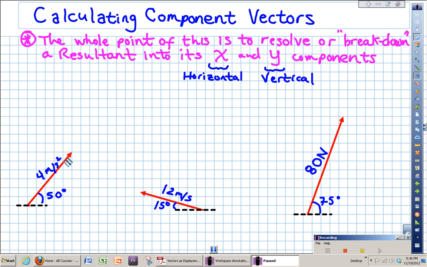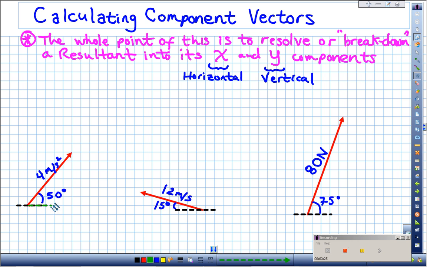We have an acceleration vector, a velocity vector, and a force vector, all of different magnitudes and in different directions. The very first thing, before you start calculating anything, I suggest, is to take each resultant and just visually break it down into its component vectors, like so, in the horizontal and in the vertical.